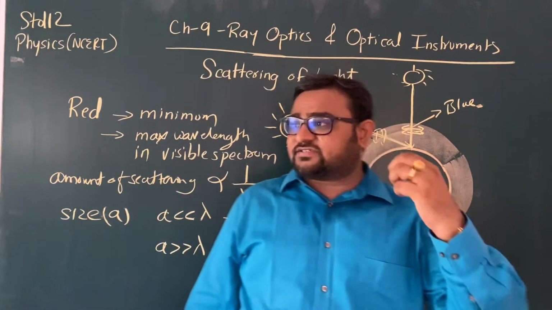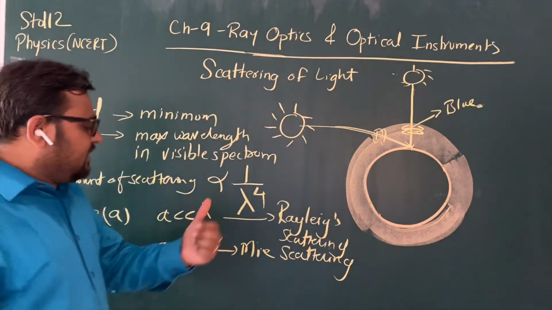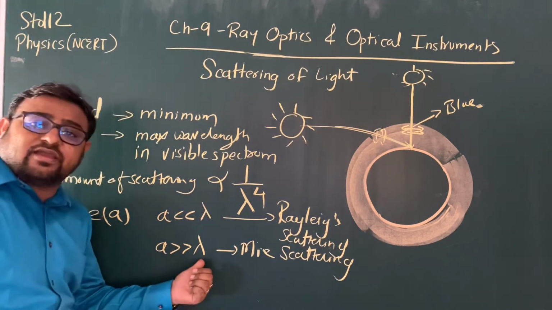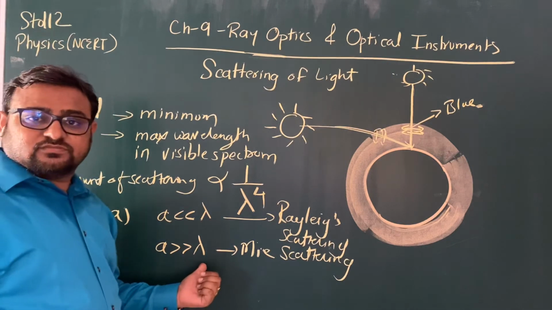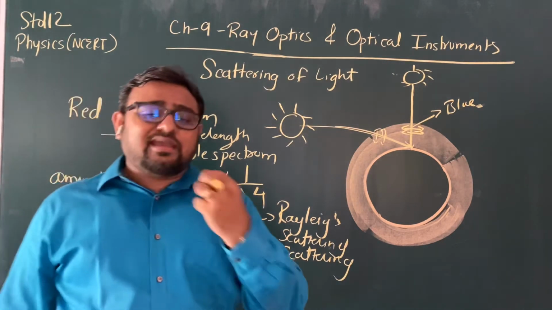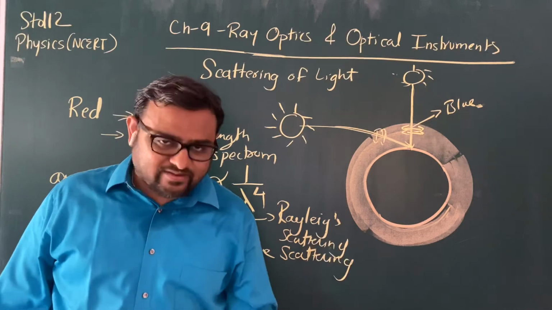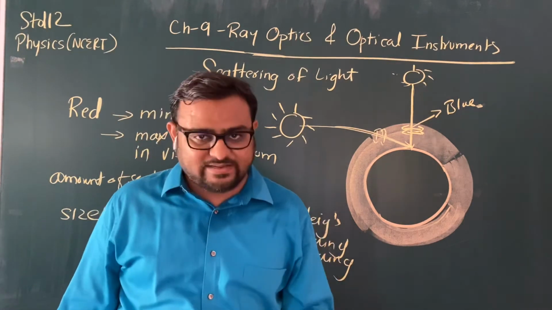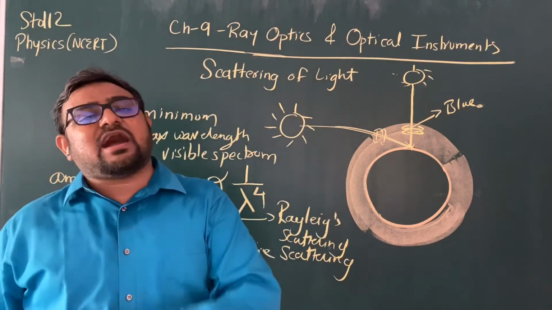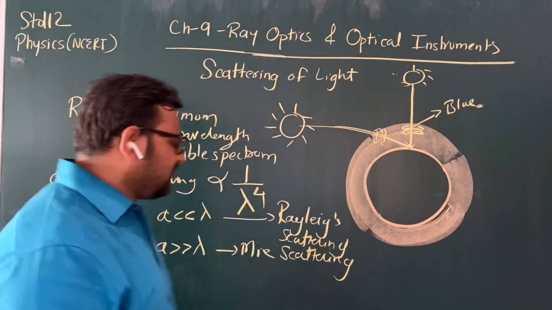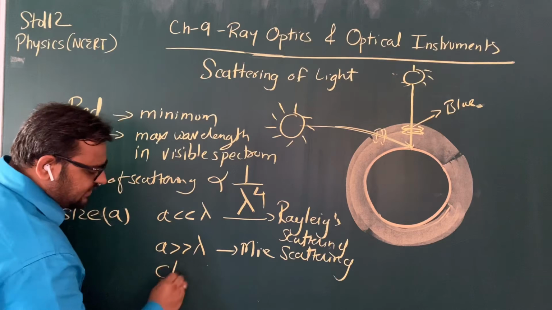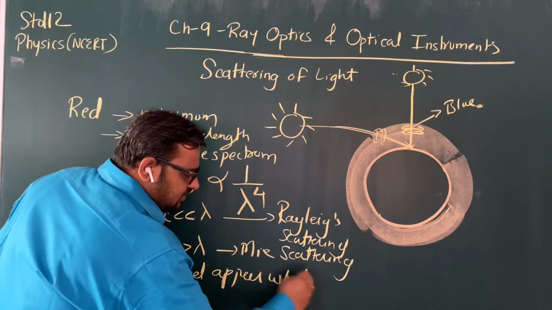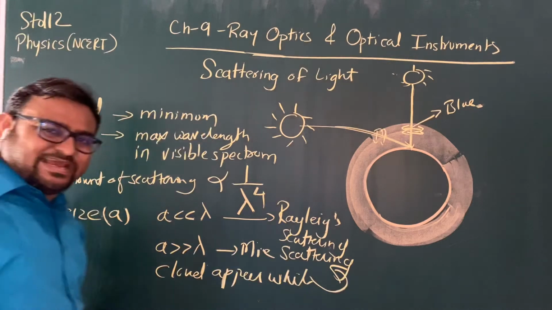The size of the water droplets will be higher compared to the wavelength, so each color of light will be scattered. When I combine all the colors, it makes white. So due to that, clouds appear white. Why do clouds appear white? This is due to Mie scattering.